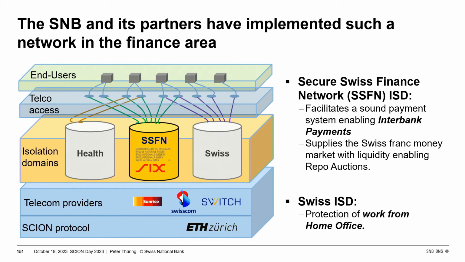The multi-provider approach has also strengthened the operational capacity of the SNB as a company. Employees must be able to perform their work from home office, not even in the new normal, but even more in times of crisis like the recent pandemic. The newly built Swiss isolation domain fulfills this requirement for us.